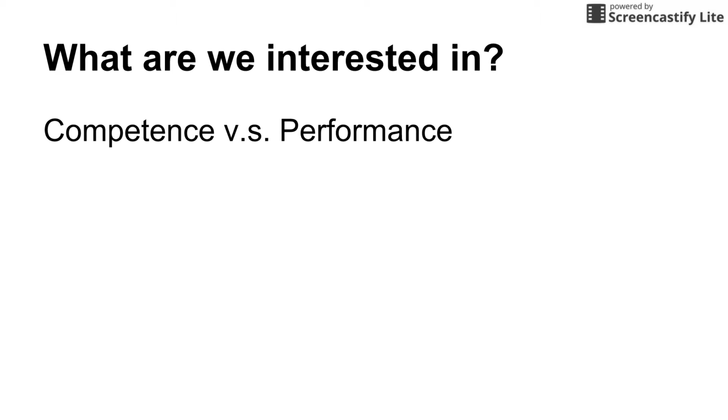So actually there will be a set of facts that we want to explain, that we want to predict for, which is language. But what kind of facts, what kind of observations are we interested in? This is the question. And to answer the question, we have to talk about two concepts first: competence and performance.